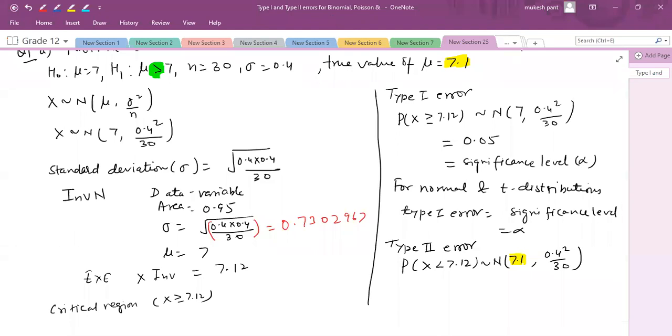The new mean will be 7.1. So X is less than 7.12, the new mean is 7.1, and the variance will be the same.